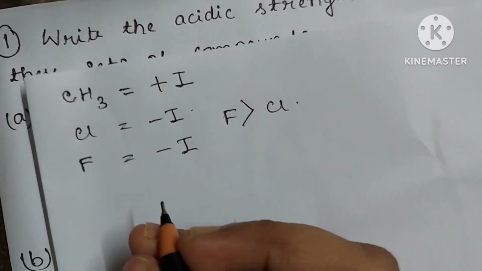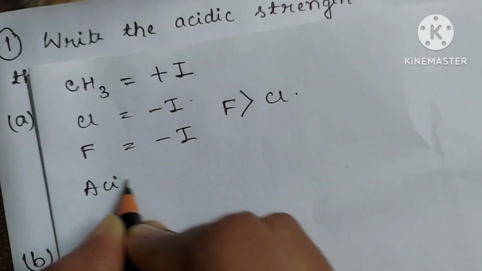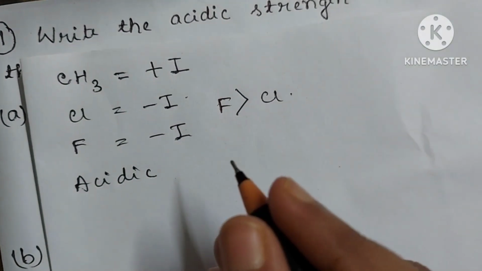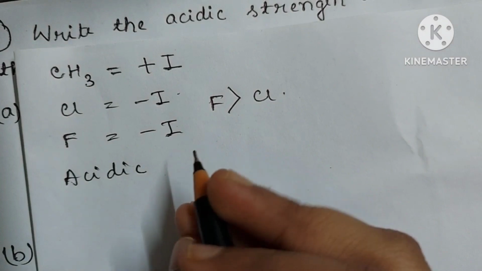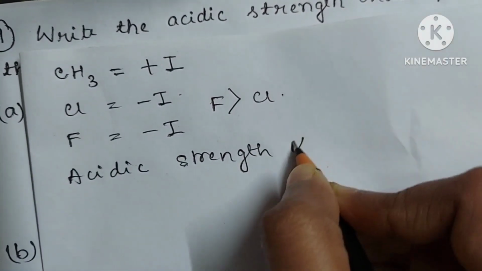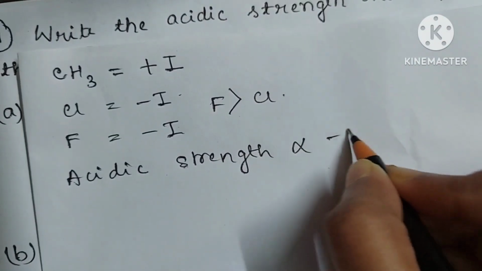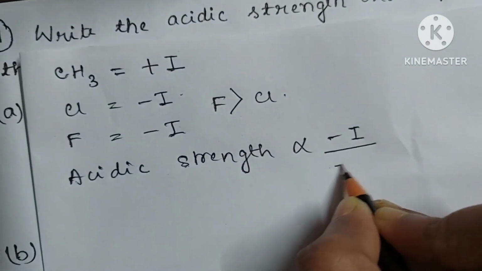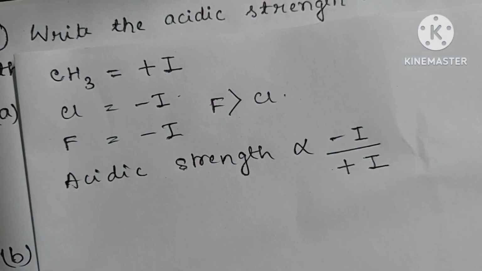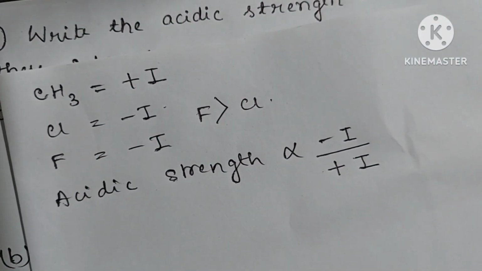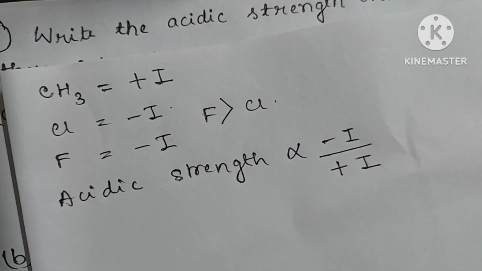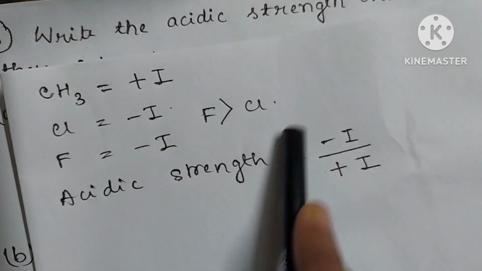Okay, now we know that acidic strength, I have given that concept in the shorts, that acidic strength is directly proportional to minus I and inversely proportional to plus I. Okay, so here if we want to write the acidic strength order, then all the minus I things will come first.